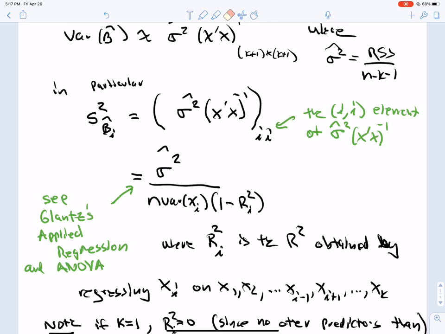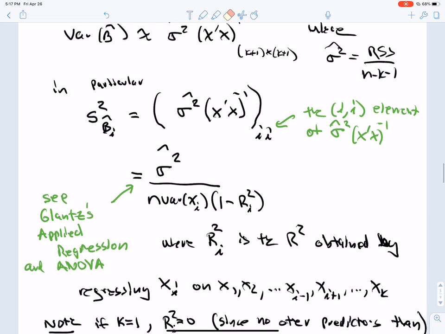So you just treat your xi as your response variable y, and you're regressing on these k minus 1 variables, and you'll get an R squared, which is your MSS over TSS, and that is your Ri squared.